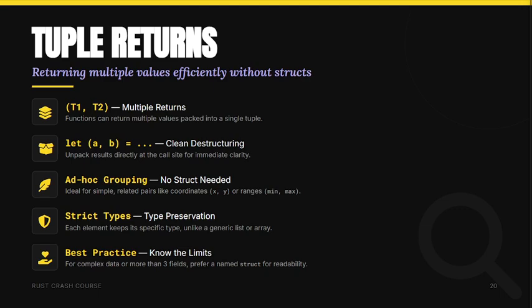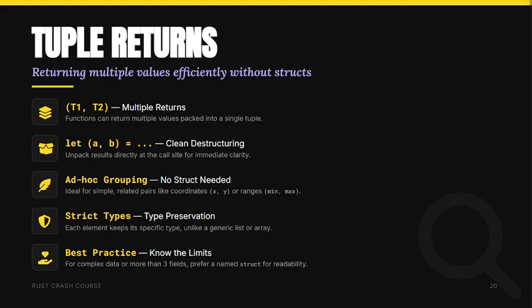Five things to know about returning tuples. First, multiple returns. A function can return a tuple to pack multiple values into a single return. Second, let (a, b) equals the call. This is clean destructuring.